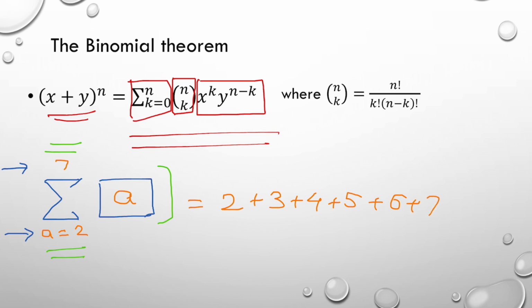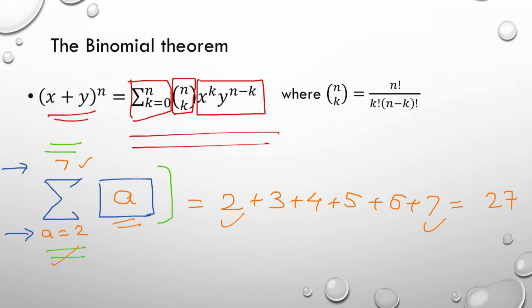Alright, that is what it says. It asks us to start from a equal to 2, which we started with 2, and it says you have to stop at 7, and we ended at 7. And what do we need to add? We need to add the value of a. So the answer of that would be 27.